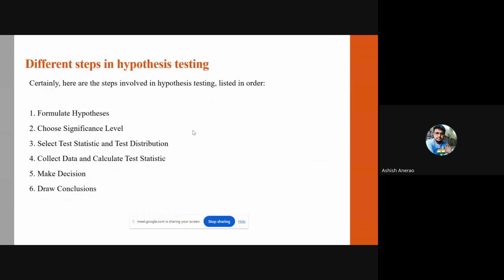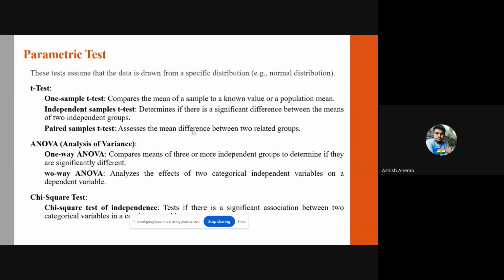Again, previously I mentioned so many tests. So here are some parametric tests. What is a parametric test? A parametric test is nothing but, if our data is normally distributed, that time we use a parametric test.